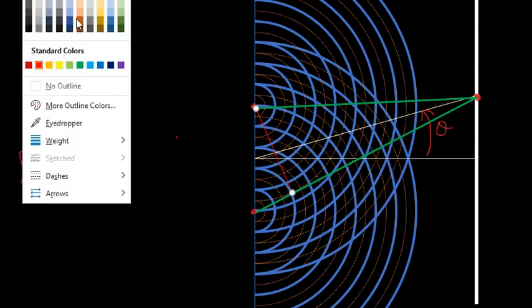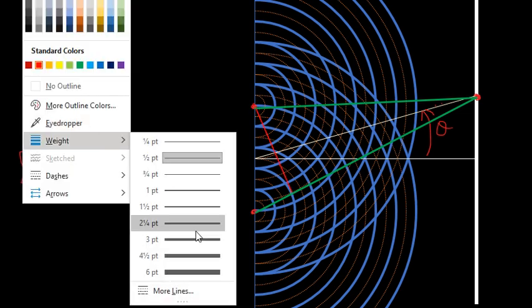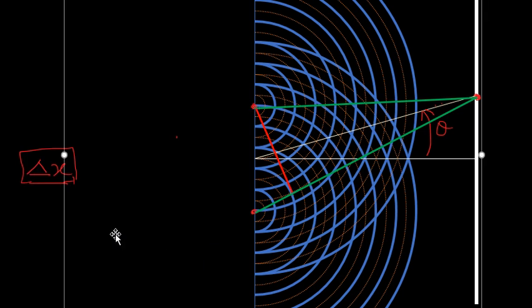Because we will assume that the screen in front of us is very far away from us. Which screen am I talking about? This screen. If it is very far away, in that scenario this angle will be theta, and this angle will be 90 degrees, and this theta and this theta will be exactly equal.